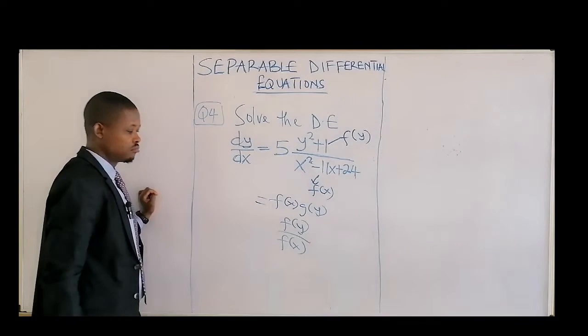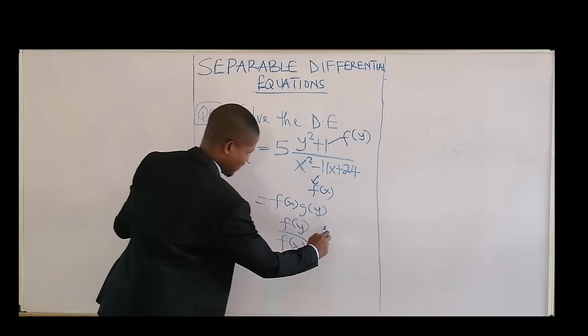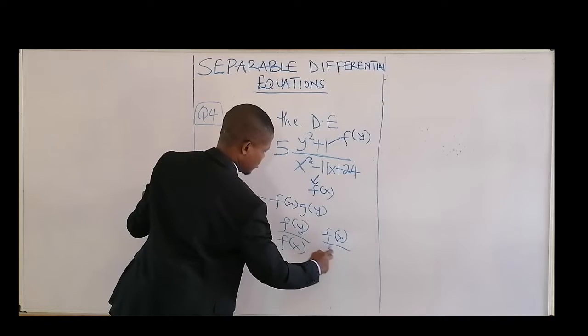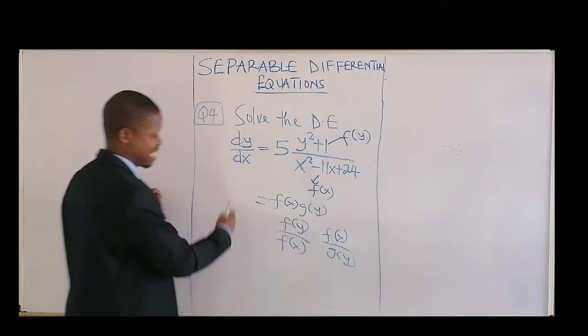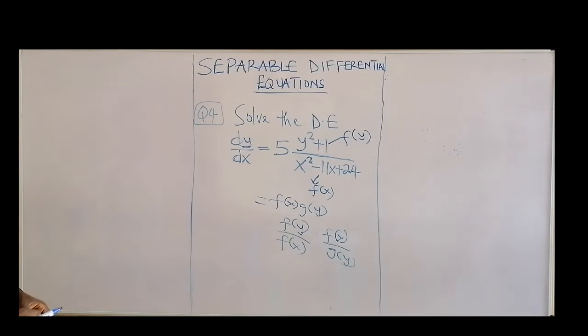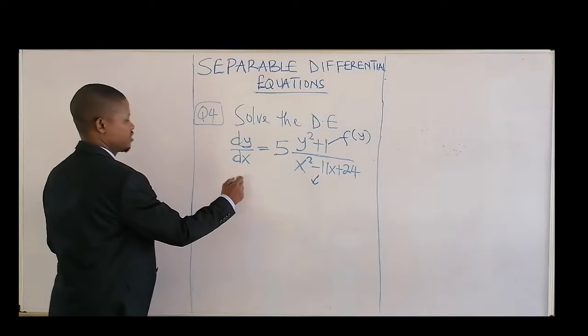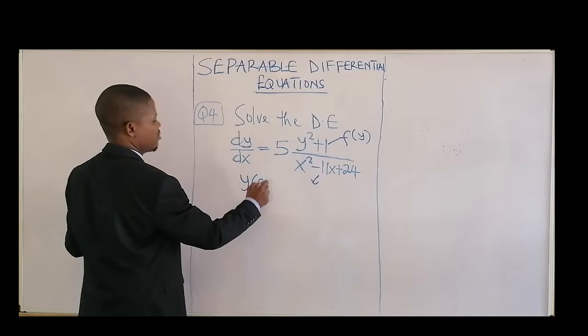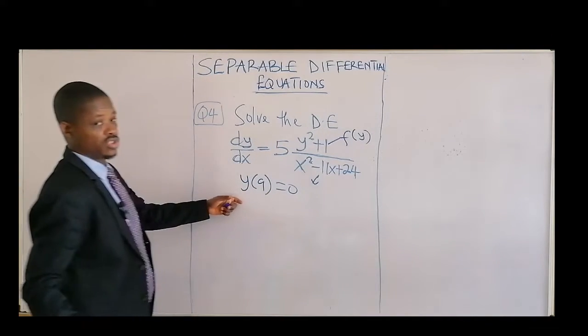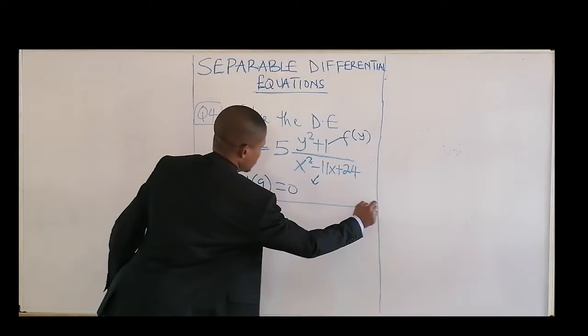It can also take the form of f of x over g of y. That will tell you that you have to use separable techniques. In addition to the question, we have this boundary condition.